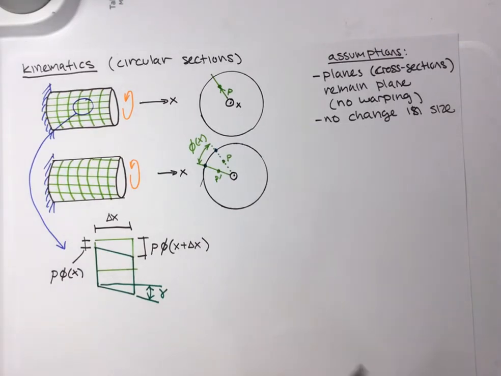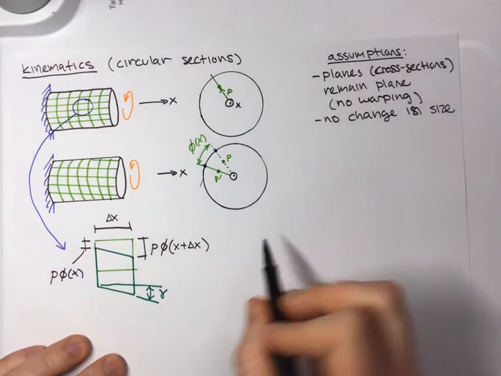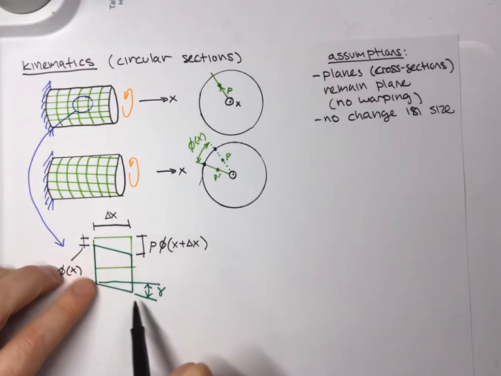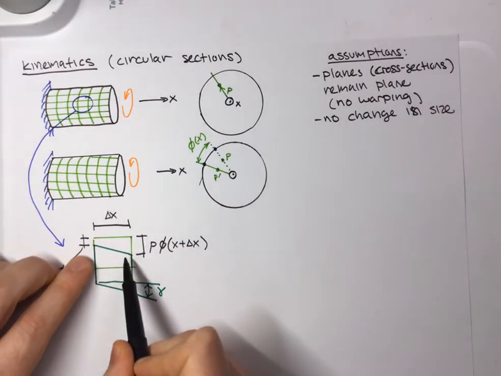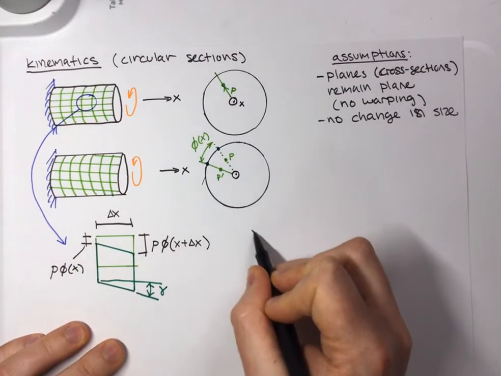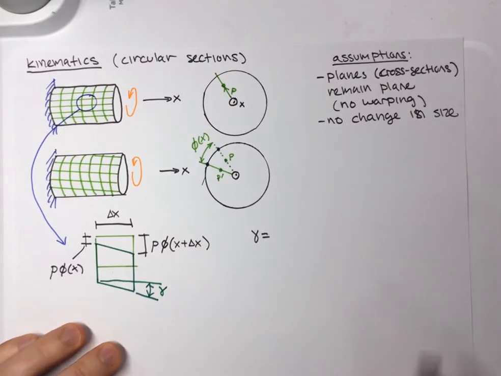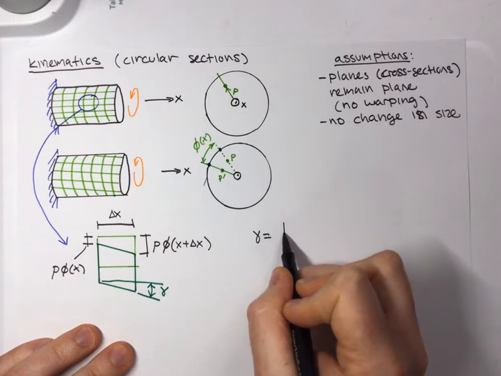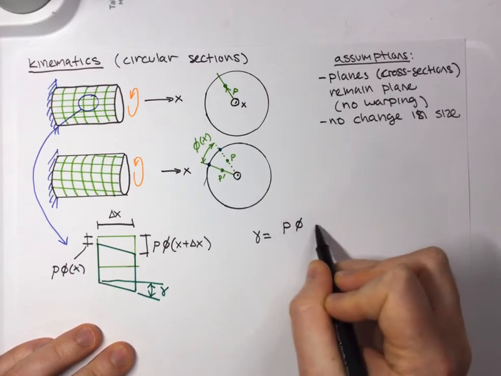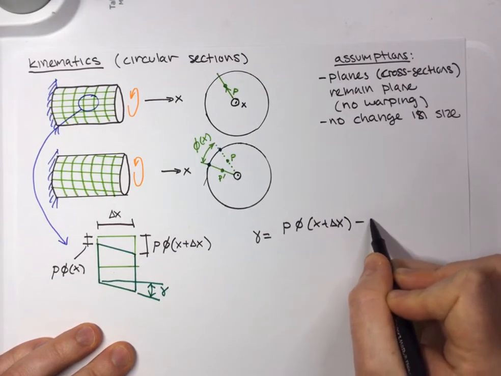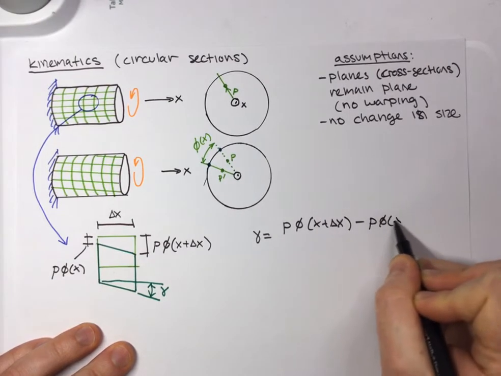And how would I do that? Well, this is the angle here, which is going to be the difference in my distances over delta x. As long as we're in small strains, this is going to be the larger one, which is rho phi at x plus delta x minus rho phi at x.